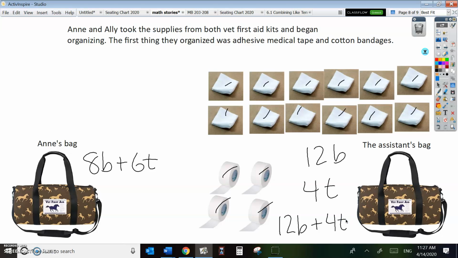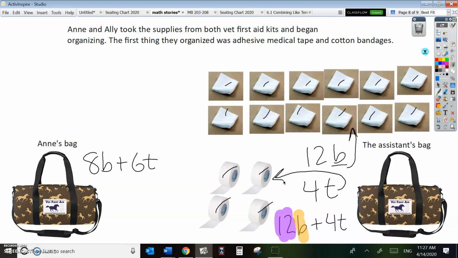Now here's something to consider. 12 is just a number, but when you have 12B, it becomes a multiplication problem. It's 12 times B. So you already know that B stands for bandages and T stands for tape.